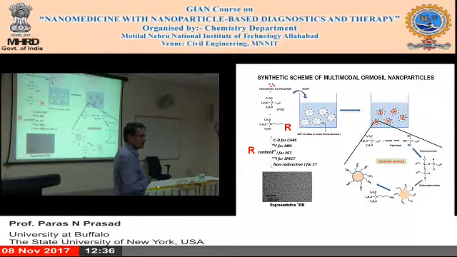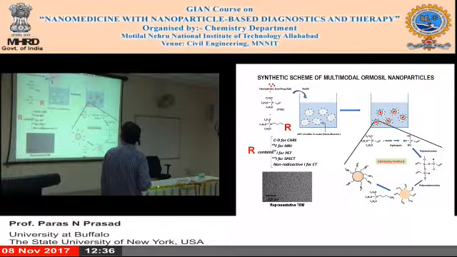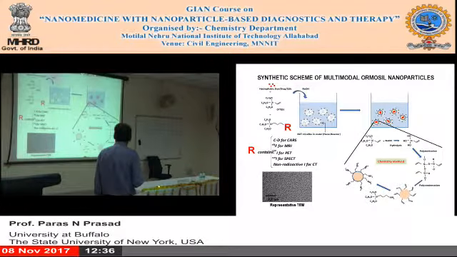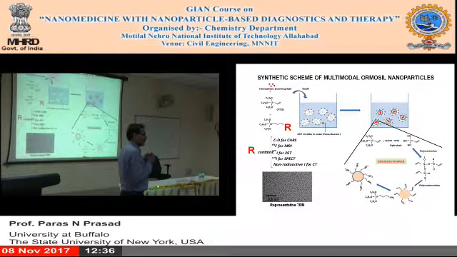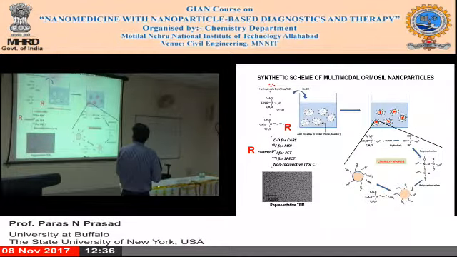Okay. The other way you could do is that you can form a reverse micelle. The first micelle is like, suppose you take some kind of long chain fatty acid, and which is like AOT in this case.